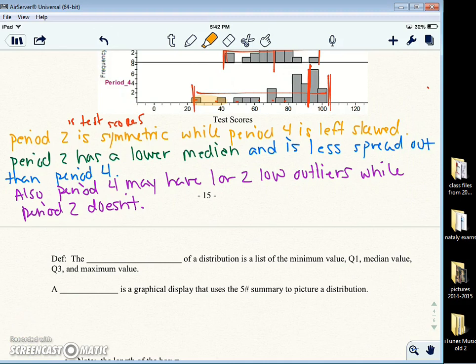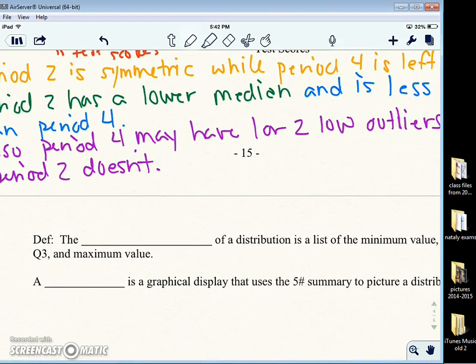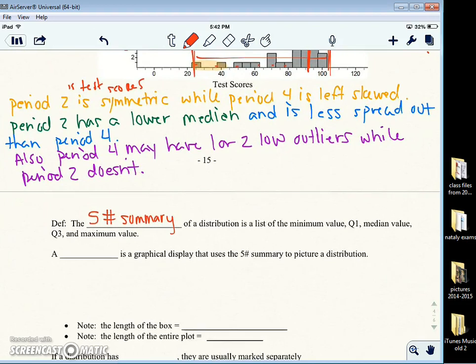Okay, so specifically talking about how to do that, we need to know the 5-number summary. The 5-number summary of a distribution is the list of the minimum value, Q1, median, which again is Q2, Q3, and the maximum value.